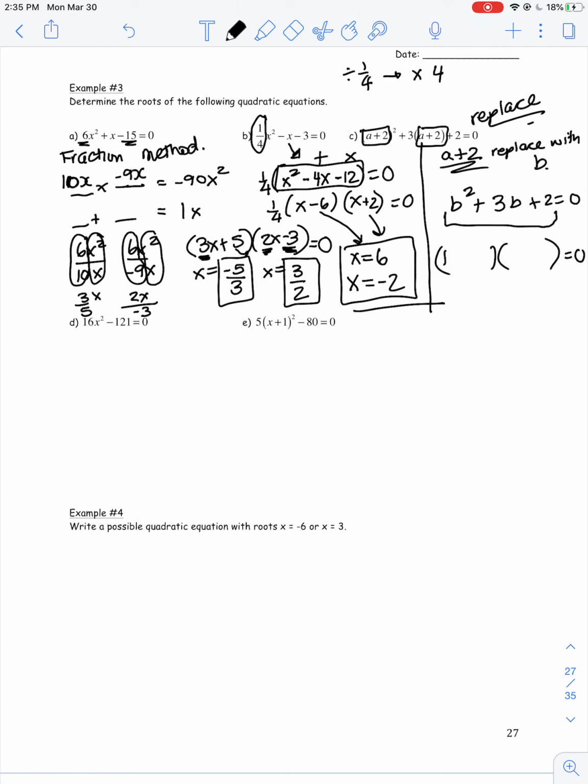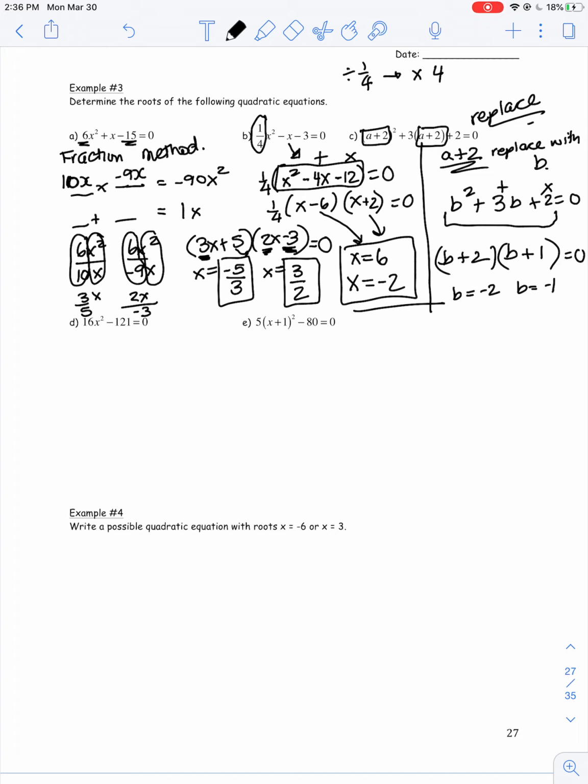The reason I did that is that this is nicely factorable. You can write out two brackets that equal 0. B times b equals b squared. Two numbers that multiply to 2 and add up to 3 would be positive 2 and positive 1. So that means b equals negative 2 and b equals negative 1. Okay, so far we have those two solutions.